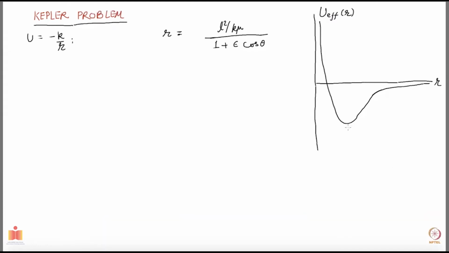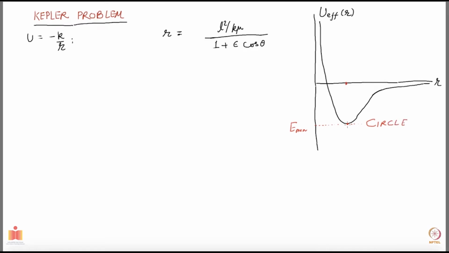If you are at this value of energy, that is the minimum, then only one radius is possible, and you have a circular orbit. So your E minimum, and you get a circle, a circular orbit.